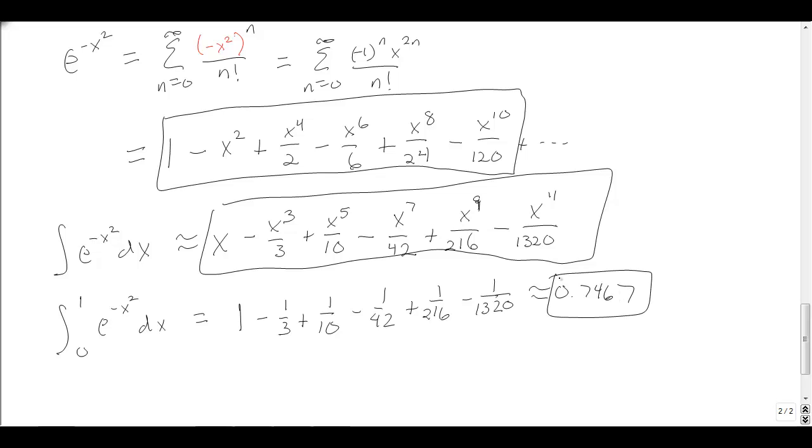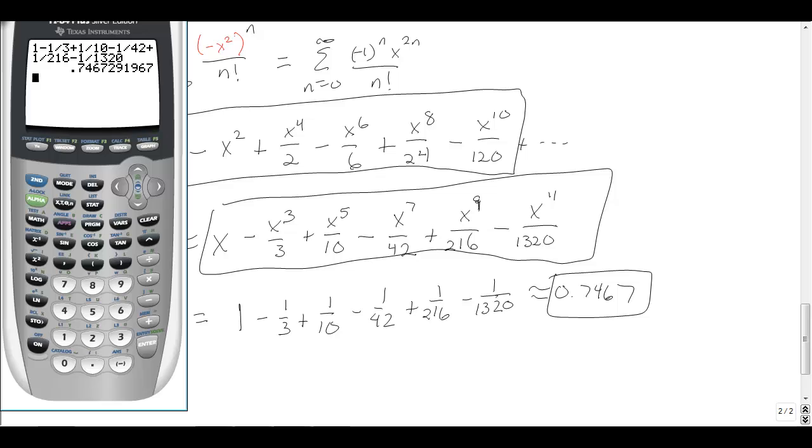Now, if it were me, I would probably check this quickly. On my calculator, there's a numeric integration in the math menu. I can do e to the negative x squared, comma x, going from 0 to 1. The idea is if I did this right, I should get something close to that. And there you see 0.746824.